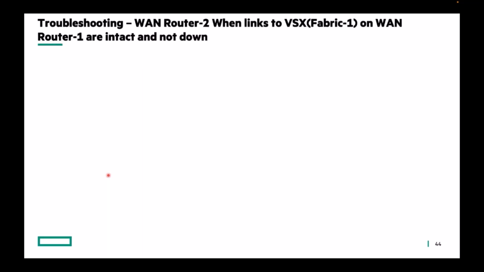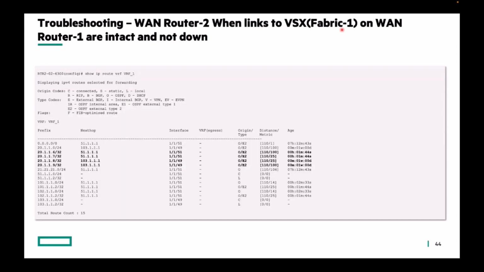When the links to the router are down, you will see that the individual host of a particular site is getting redirected to the other WAN router, goes to the other site border, and comes back via EBGP.